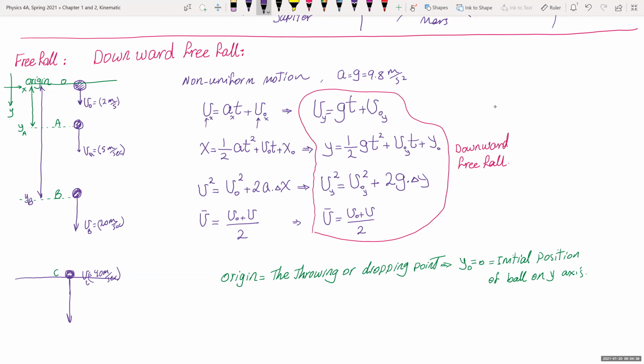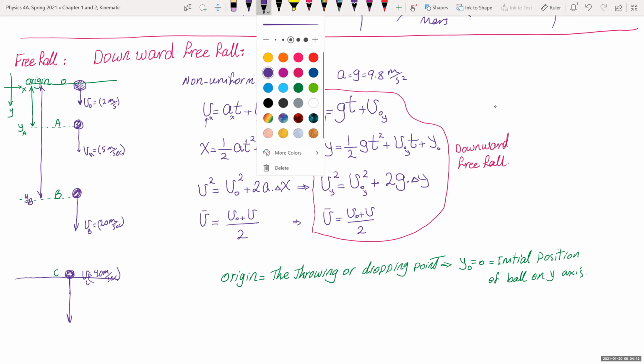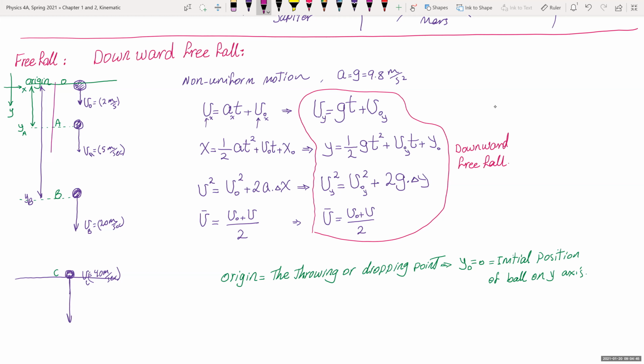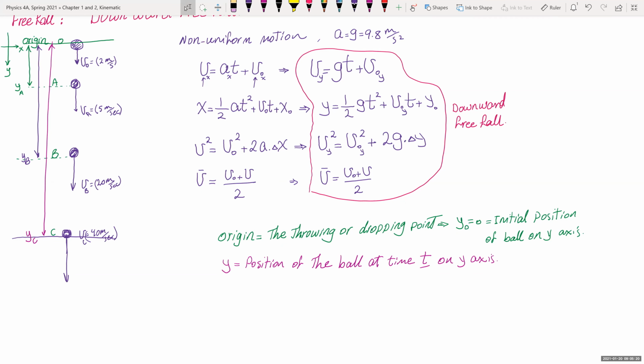Makes sense? At point C, we have YC. So y is the position of the ball at time t on the y-axis. Remember, y is the same as a height.